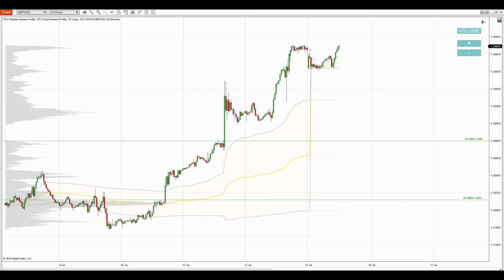So if I delete the flexible profile, you can see that here on the gray profile, which is the weekly volume profile, this is the weekly point of control where the heaviest volumes throughout the whole week were traded, which adds strength to our level. All right, so watch out for those levels. Hopefully we will see pullbacks to those levels. Ideally a pullback to the first one, reaction, then a pullback to the second one and reaction.